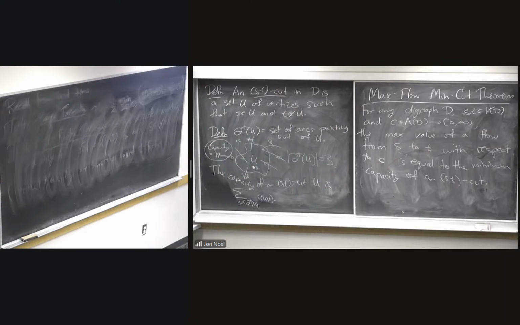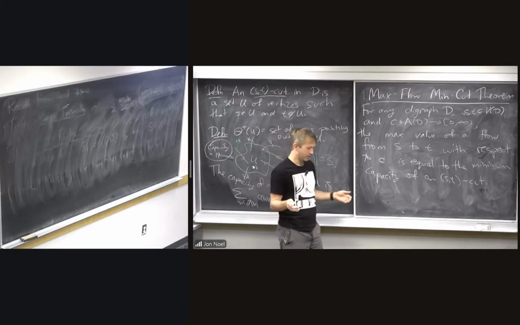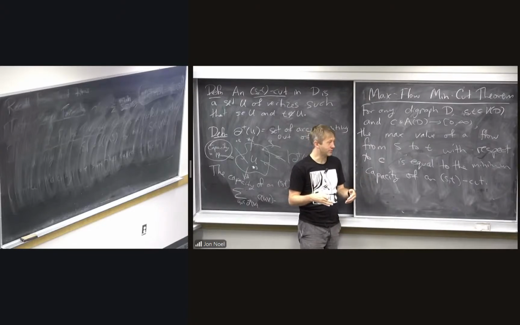But then if I said, prove that there doesn't exist a flow of value 100, well, you could just find a cut with capacity less than 100, and then you've done it, right? So there's a certificate for a yes instance or a no instance.